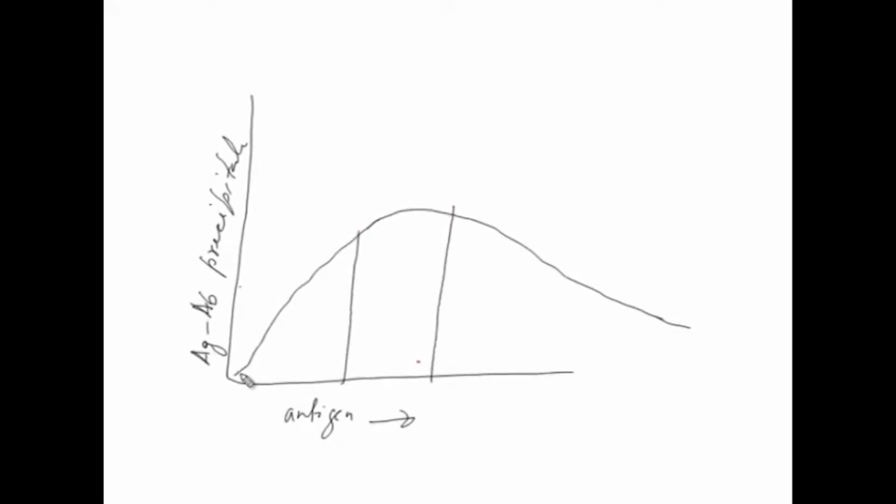If we call them, the first one is the zone of antibody excess. This is the zone of equivalence. And here, when you have added a sufficient quantity of antigen, it is the zone of antigen excess.